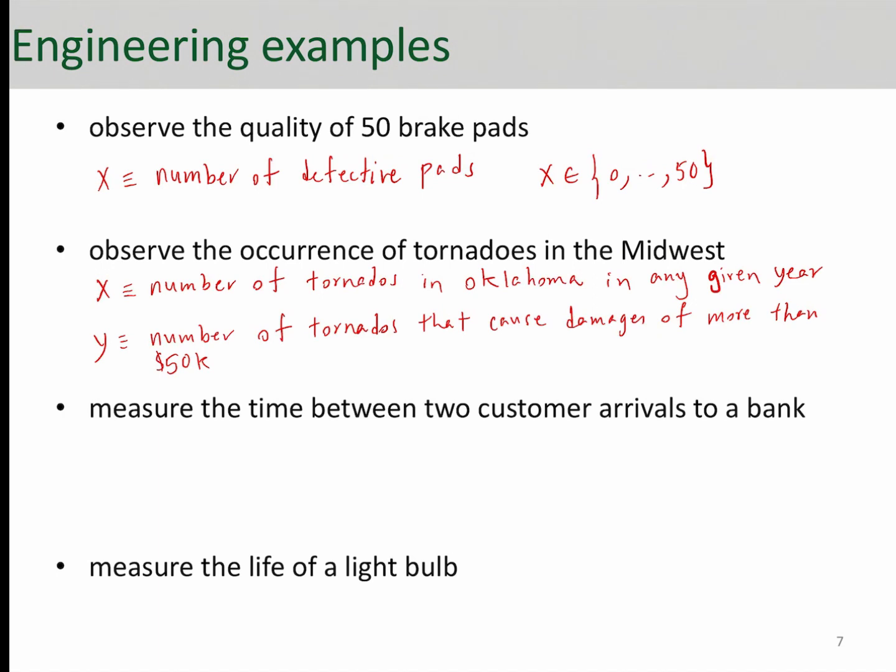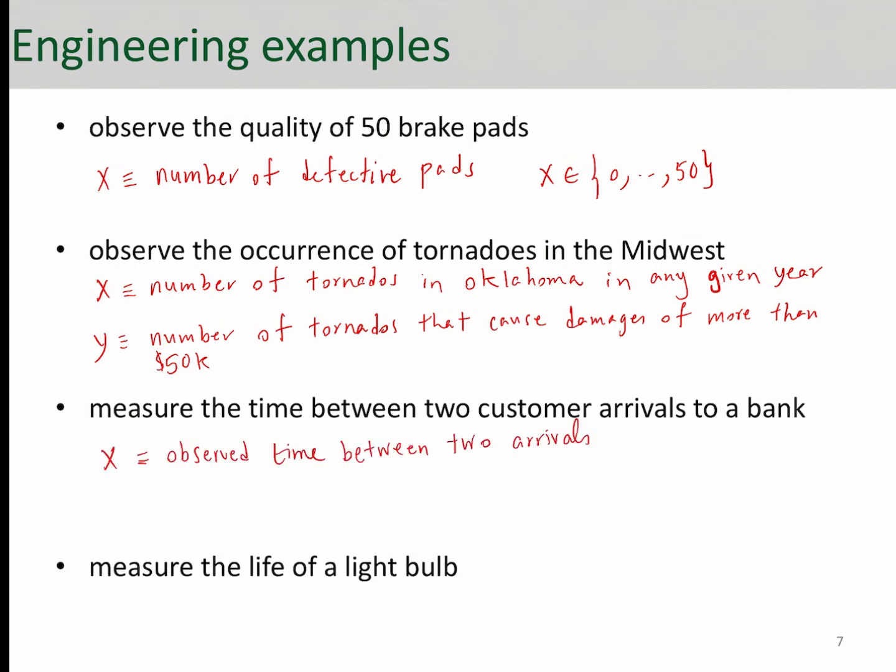And that's actually a very common random variable that we use in modeling service systems or manufacturing systems, especially in simulation modeling, because it's important to model the arrival of, for example, customers to a bank, or products to a manufacturing facility, or trucks to a distribution center, and things like that. So time between arrivals is actually a very common random variable.